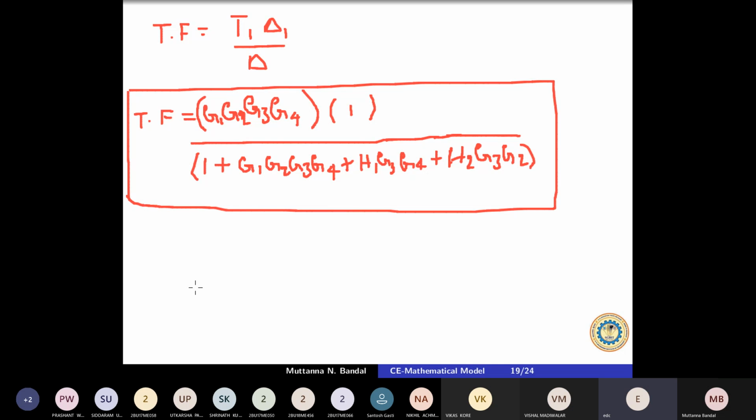So any doubts? It is very simple. The only thing is I have to identify the loops and the forward path in the right way. If I do that, just by substituting the values of T1, delta 1 and delta into the equation, I will get the transfer function for any of the cases. Clear? Okay.